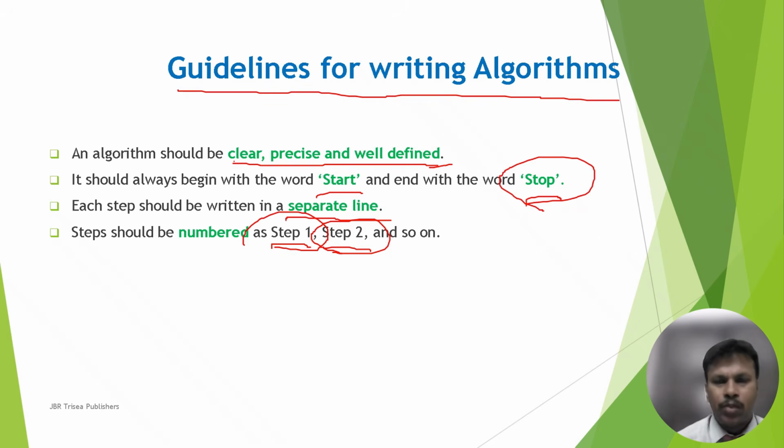Always keep in mind, the algorithm will begin with start, you need to mention the stop word at the last line, and in between you can mention all the steps clearly, right?